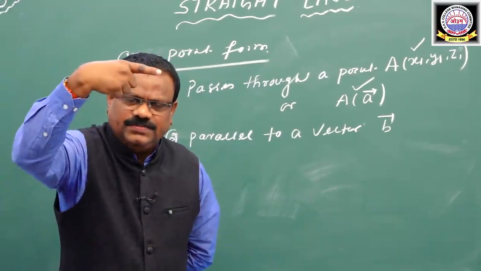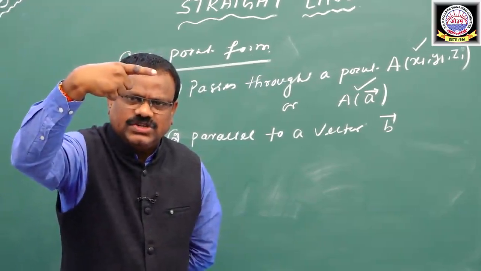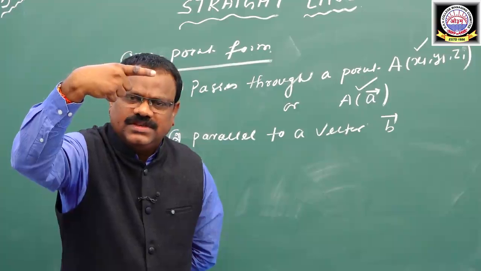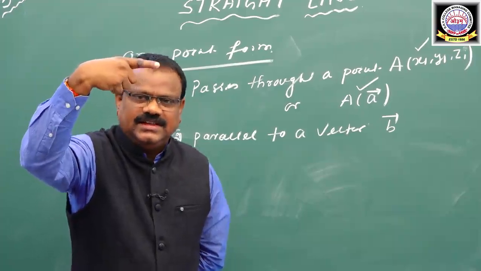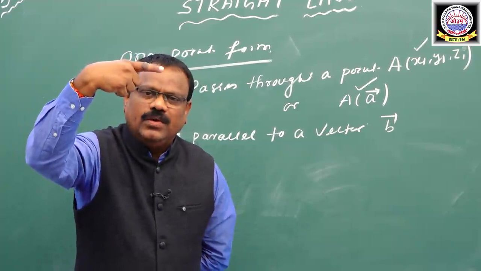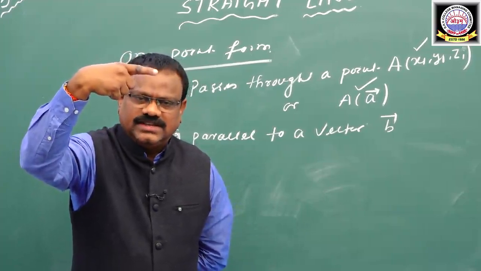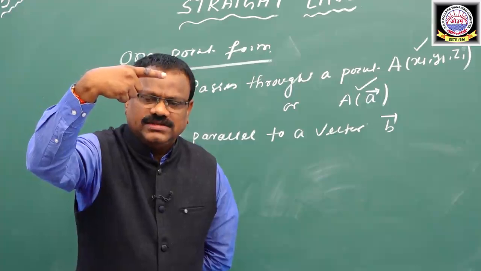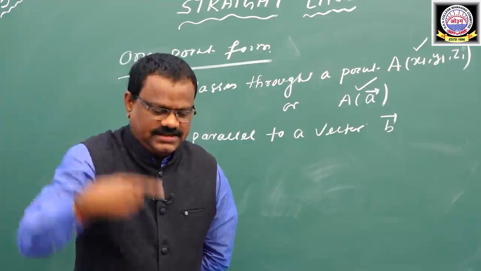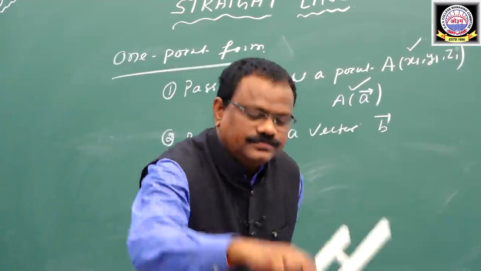If that vector is fixed, then the direction ratios with respect to this given line will be fixed. That means indirectly the line is bound with some angle with the x-axis, some angle with the y-axis and some angle with the z-axis.